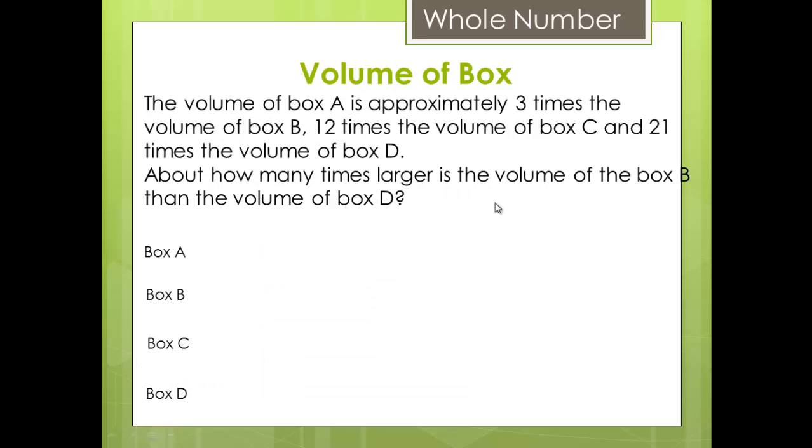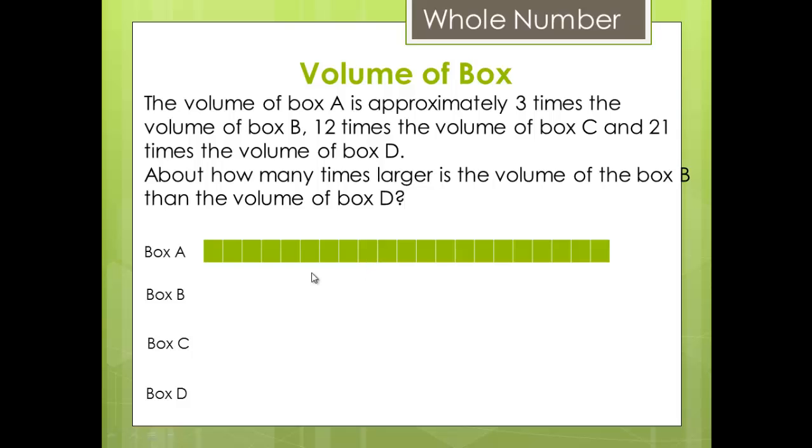The last one we'll just go through here, or actually not the last one, the second last one, is looking at the volume of a box. So if we're given this information here, again it's about representing the diagrams in terms of equal size divisions.